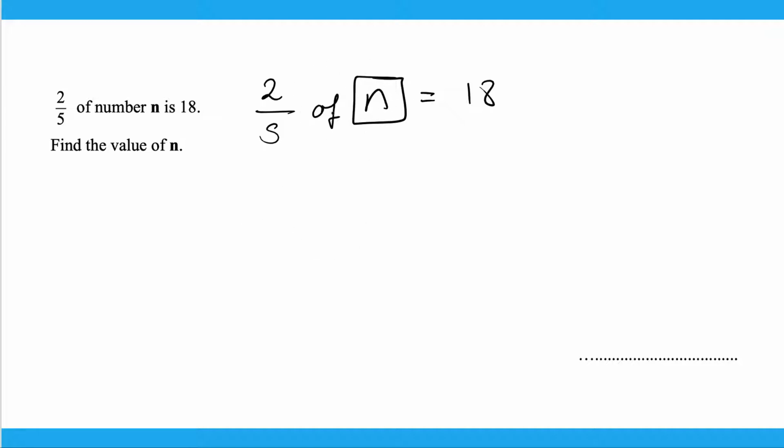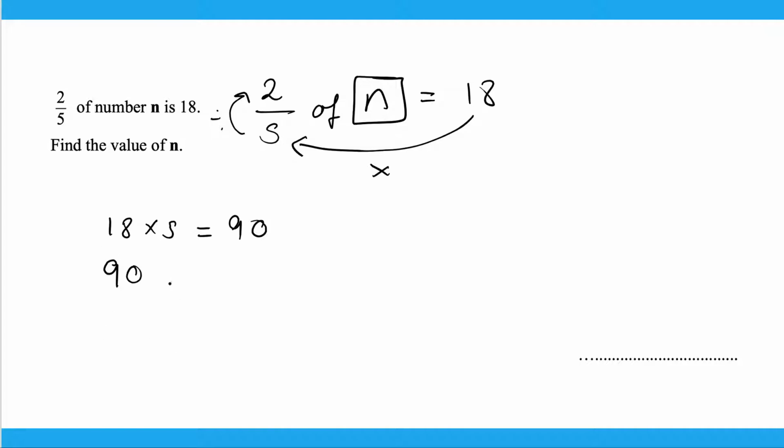Remember, when we don't know the middle number we do the opposite, so we would multiply and then divide. We would do 18 multiplied by 5, which gets us 90, and then 90 divided by 2, which gets us 45.